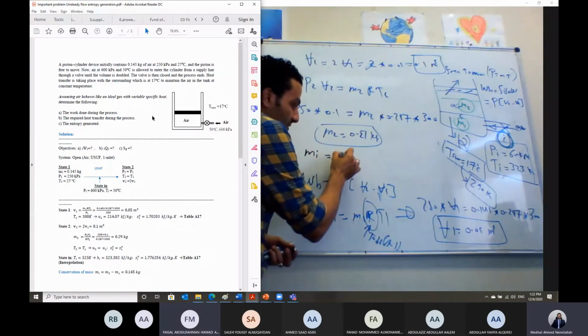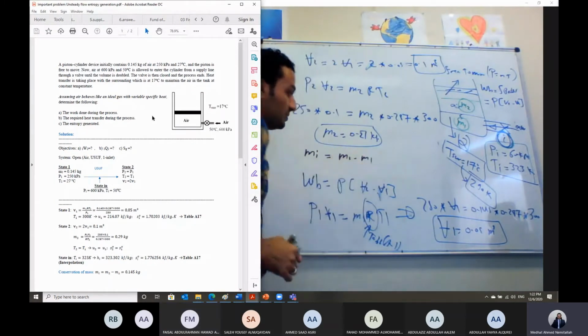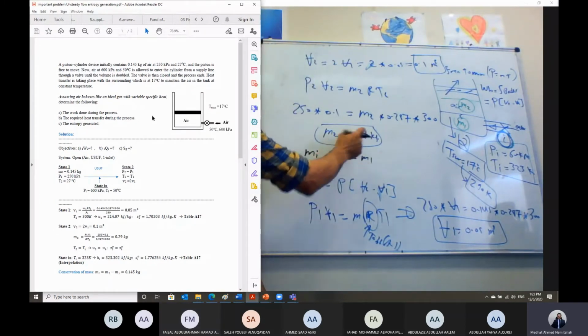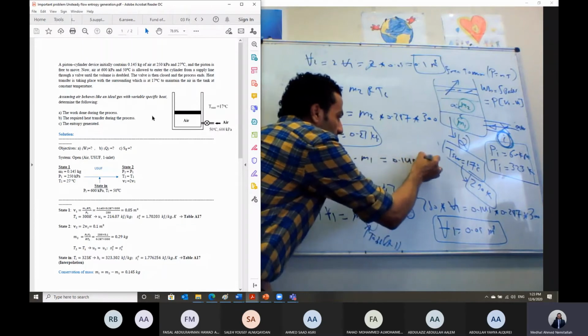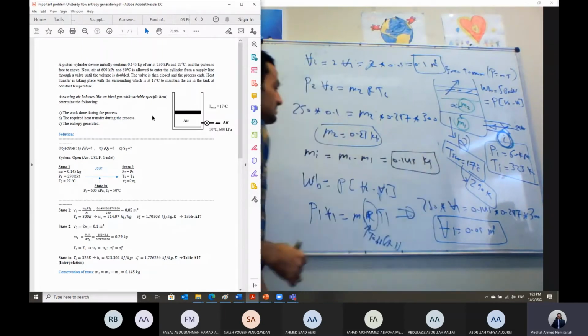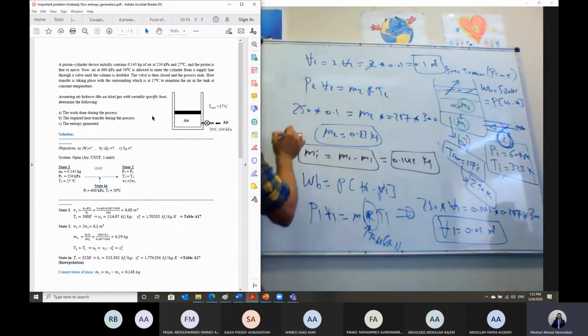Exactly. So the inlet mass equals the final mass m2 minus m1. We have m2 as 0.27 and m1 given as 0.145, so it equals 0.145 kilogram. This is based on unsteady flow: the inlet mass equals the final mass minus the initial mass.